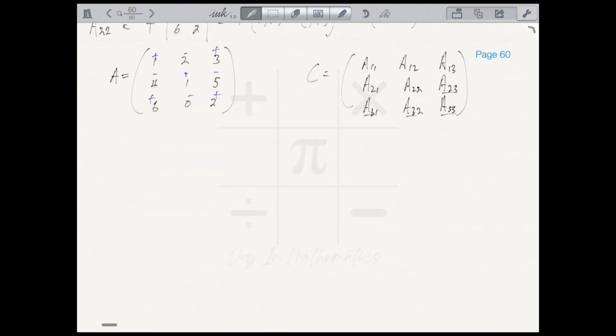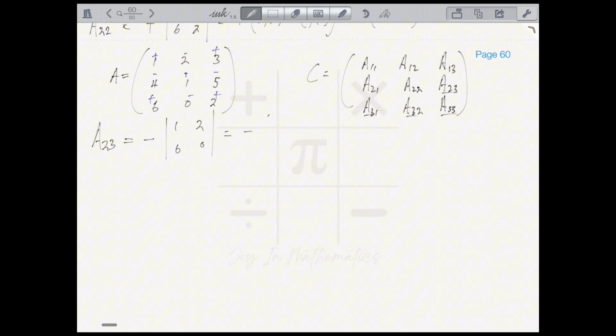Now let's evaluate A23. A23 is the cofactor of 5. The place sign on this is negative. Vertically, horizontally, we are left with 1, 2, 6, 0.